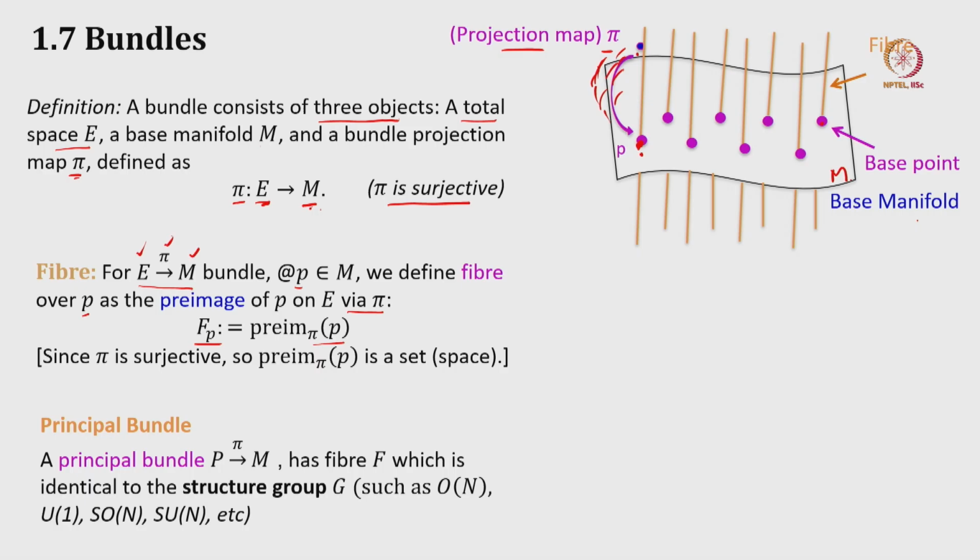Since pi is a surjective map, the pre-image is a set or space, can even be a group, depending on what we have. And we started with one example, which is that the tangent space itself is a fiber space. So, the fiber is a space.